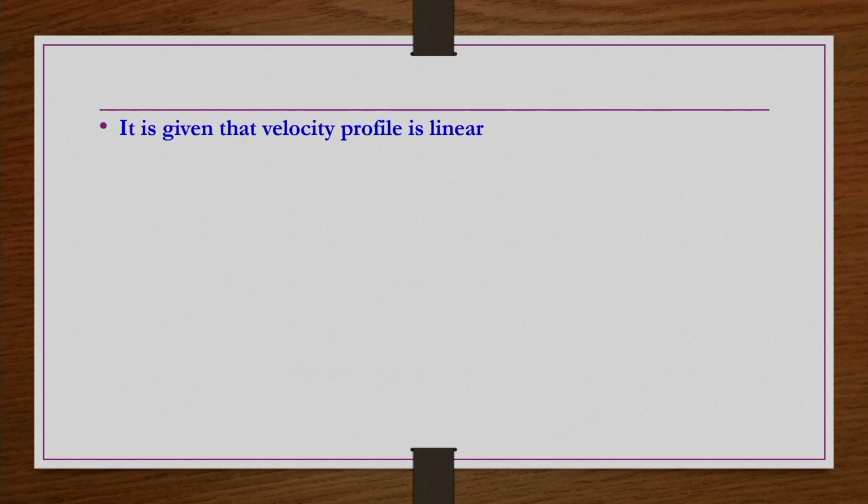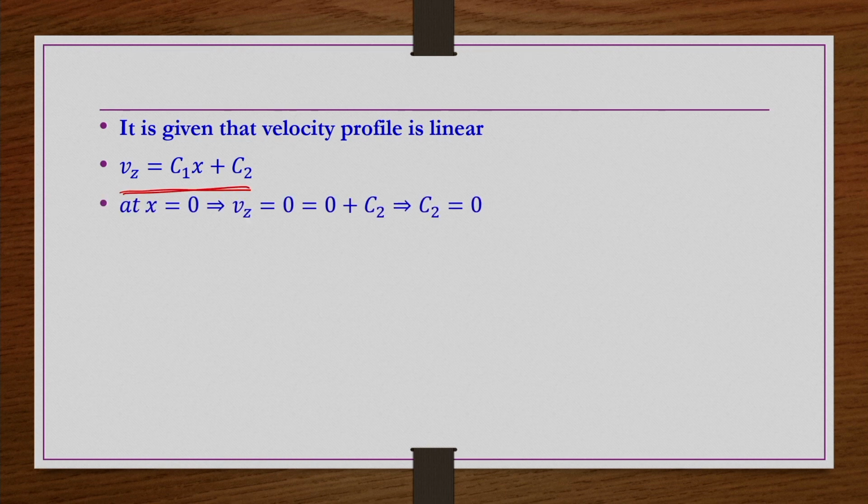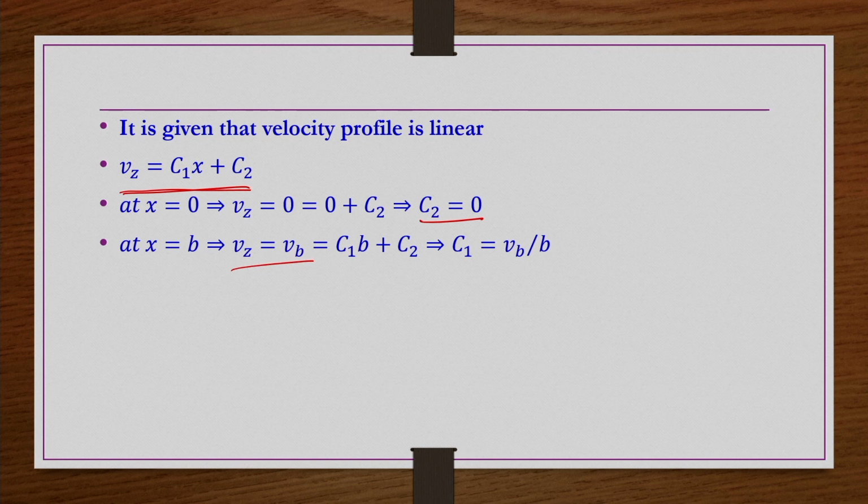It is given in the problem statement that the velocity profile is linear, which means V z is some constant times x plus another constant. We can have that linear profile like this, and we find C1 and C2. At x equals 0, V z is 0, so C2 equals 0. At x equals b, V z equals V b, so V b equals C1 b plus C2.